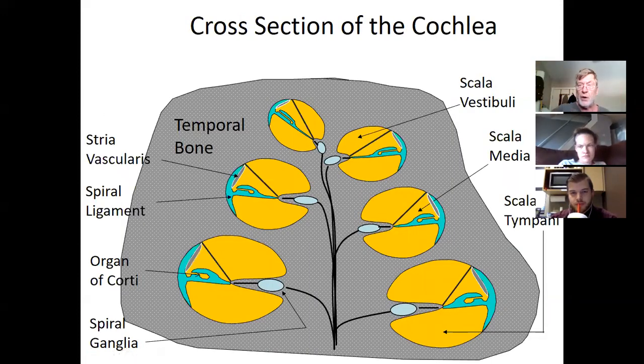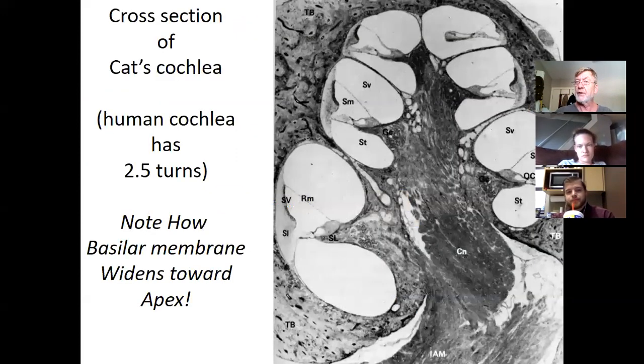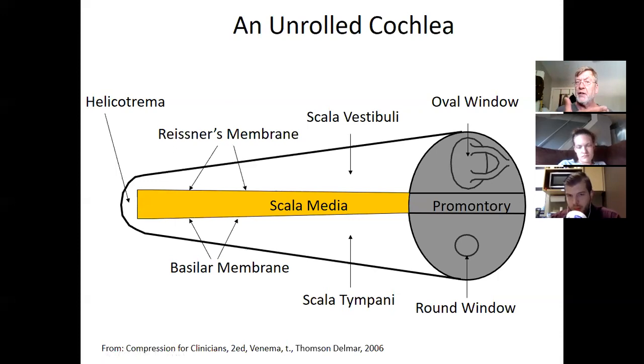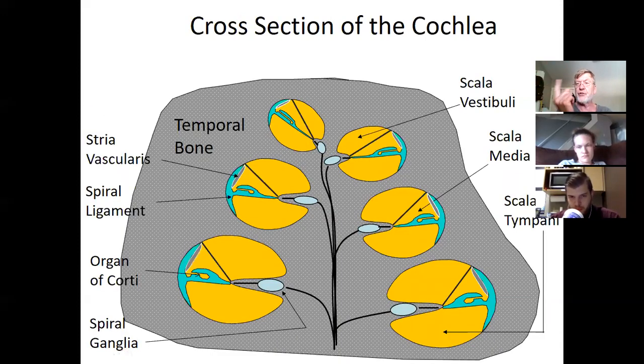Here's the cross section of the cochlea. Instead of a real picture, you're looking at a schematic that Ted Venema drew. So instead of unrolling the cochlea and looking at it this way, now we're doing a cross section. We just took that beehive or coil-shaped thing and went down the middle of it.